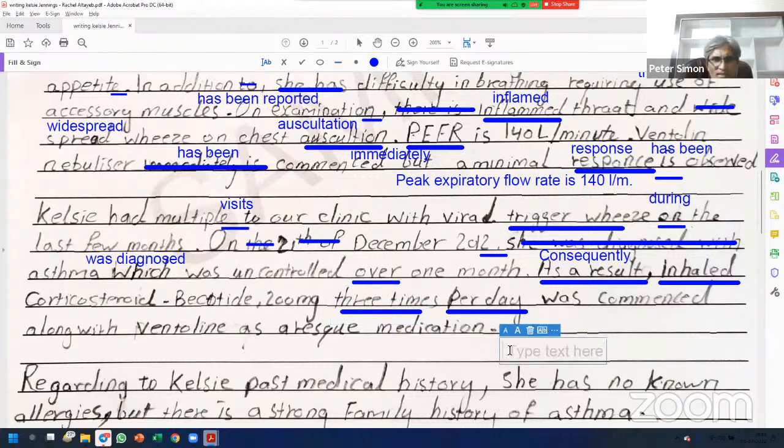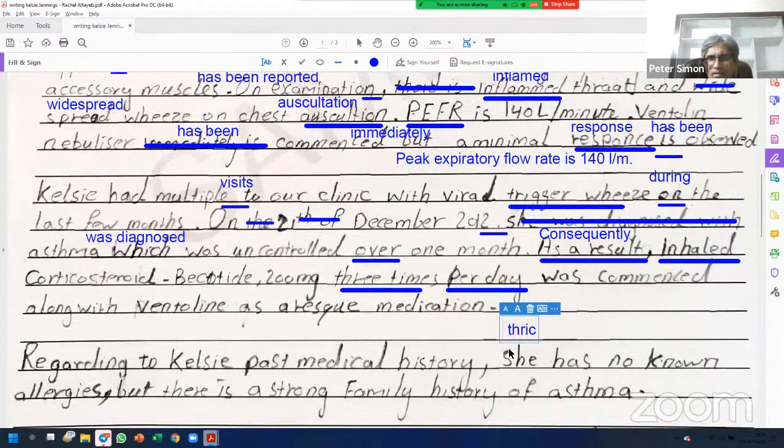You can just say thrice daily. Finished. Instead of writing 4 words, you can write 2 words. Less words, more quality. Three times is equal to thrice. Not everyone can write like that. So when you write like this, your quality improves. Thrice daily was commenced.